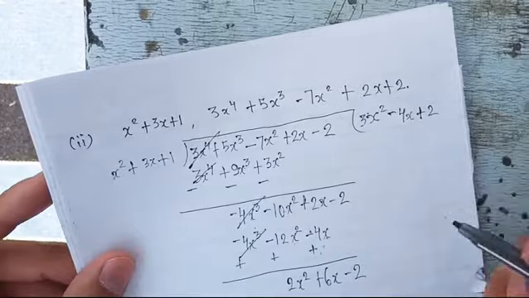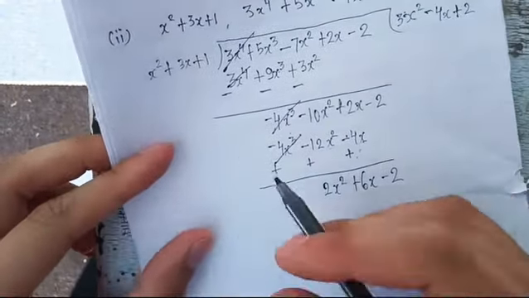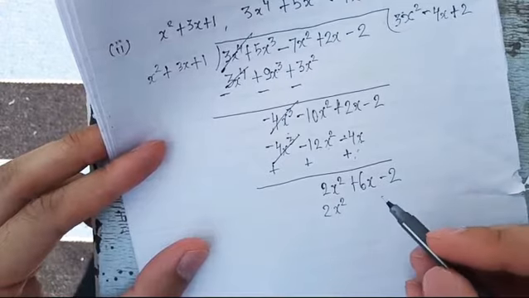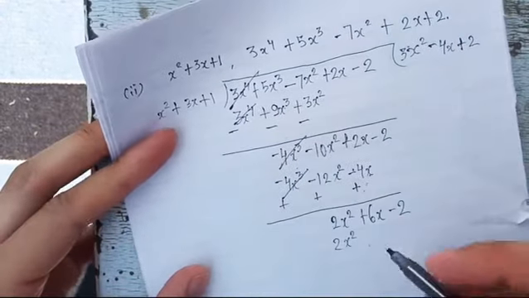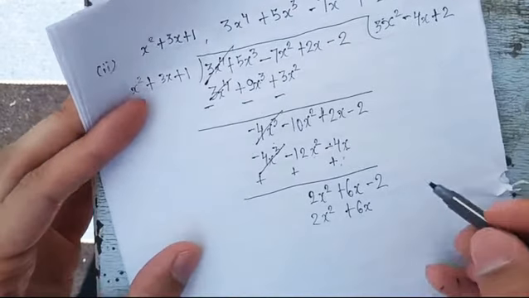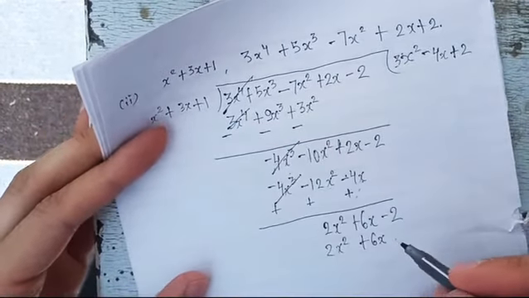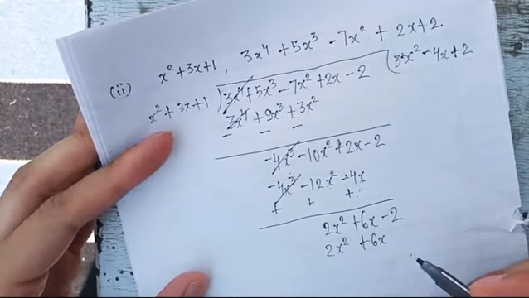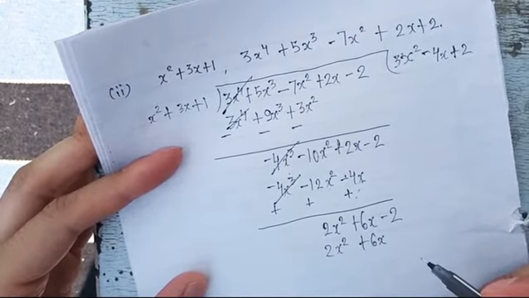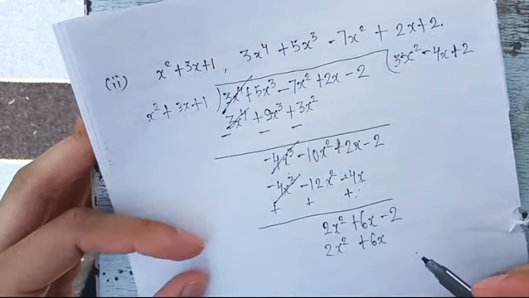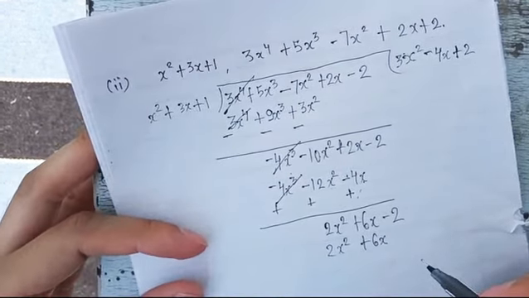So 2 into this x square will become 2x square, 2 into 3x will become 6x, and 2 into 1 will become plus 2.